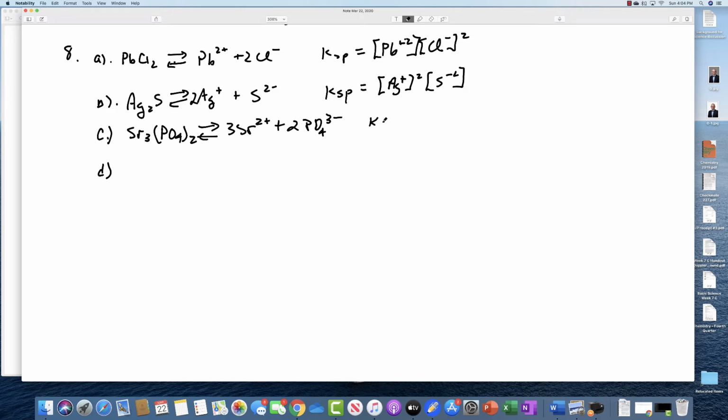And the KSP for that is going to be equal to the strontium ion concentration cubed times the phosphate ion concentration squared. And the last one here is strontium sulfate. Not sure why they have such a thing for strontium, but there it is.